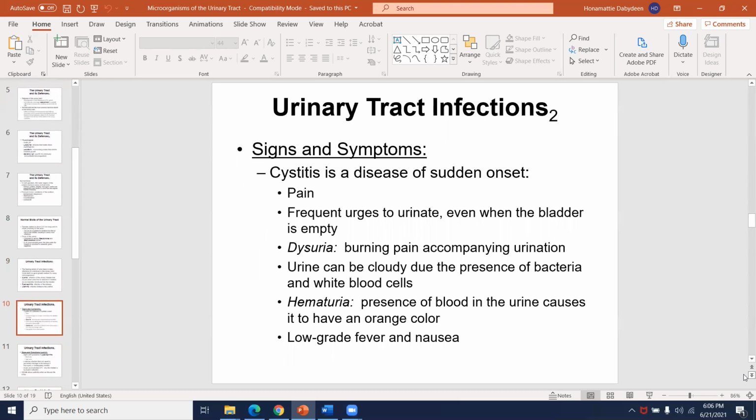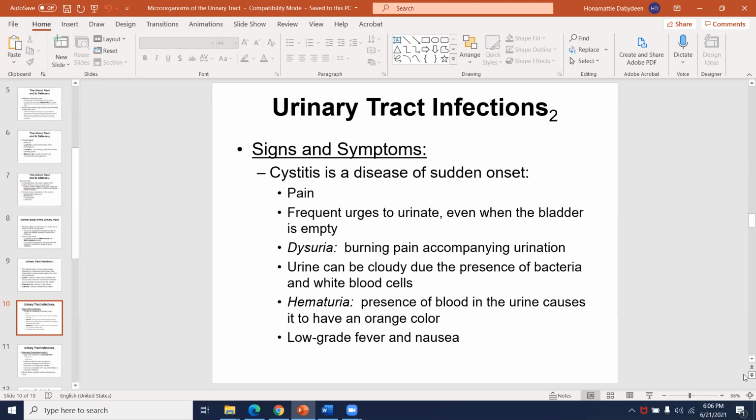All right, some symptoms. Symptoms will vary depending on the location of the problem. And most of the time, it's going to be cystitis, which is the urinary bladder involved. Anybody who has ever had a urinary tract infection will know the symptoms. It is very common, especially in females.